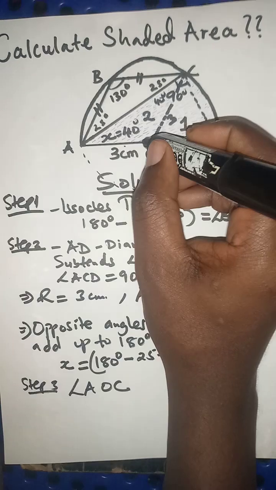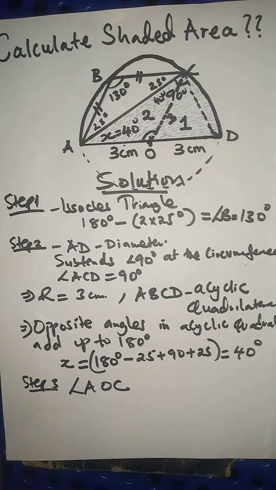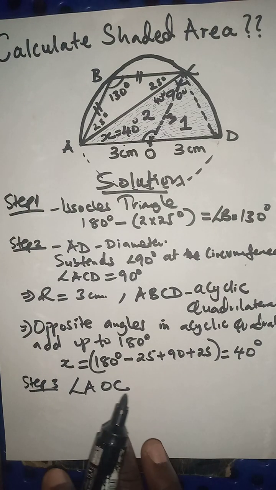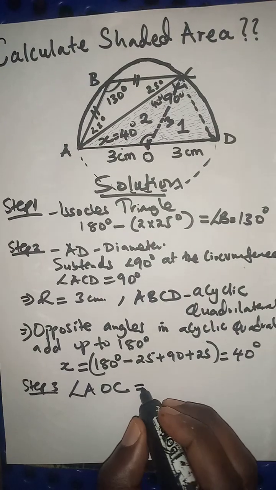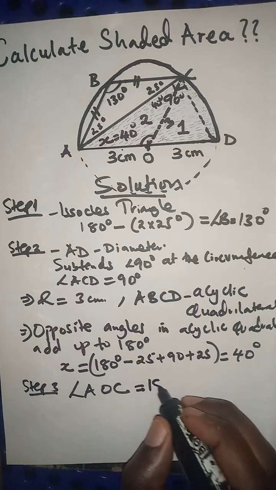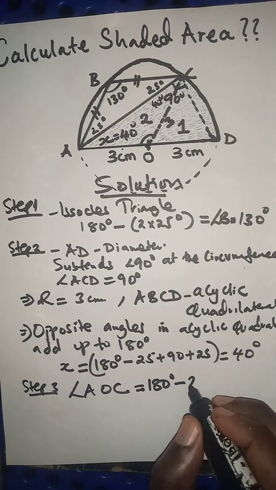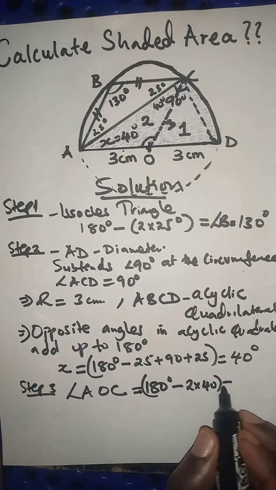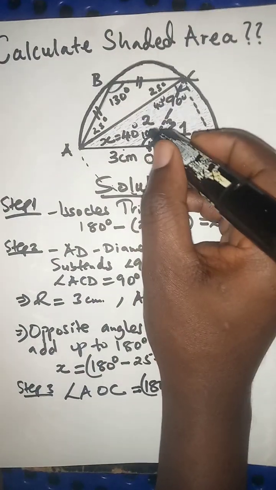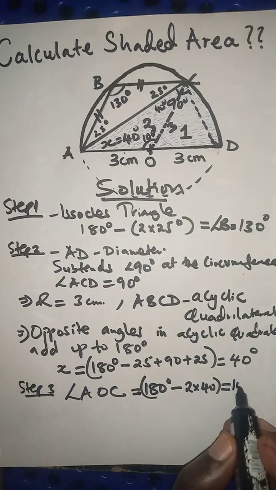So for me to get angle AOC, I'm going to take 180 degrees minus twice the base angles, so that I get 100 degrees here.